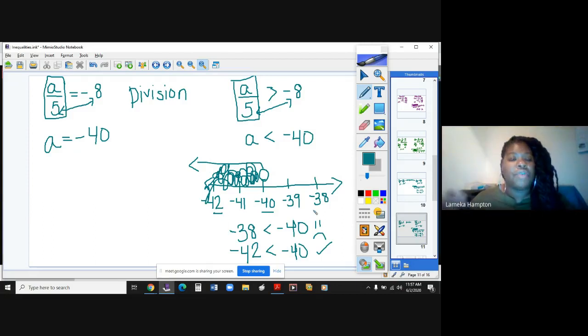So I will end by saying this. If you are very strong in solving equations, inequalities will not be an issue for you. As far as graphing them is concerned, we can continue to practice those as well, because I want to be sure that you all are confident in graphing inequalities.